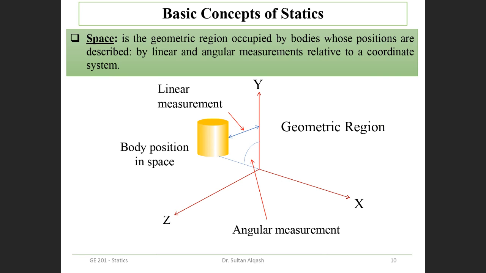Okay. Space X, Y, Z, and we also have a rotation around these axes. So we have 6 degrees of freedom in motion, right? To determine the position, I need different measurements, linear measurements and angular measurements. We can divide it into angle and linear measurements.